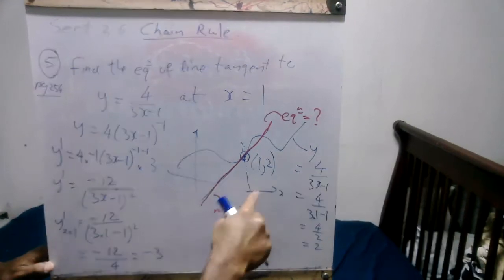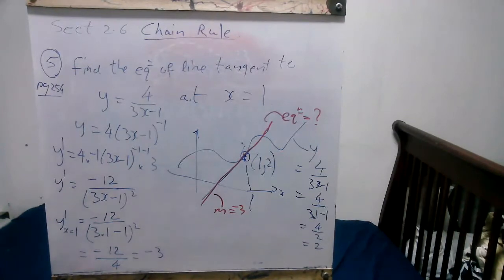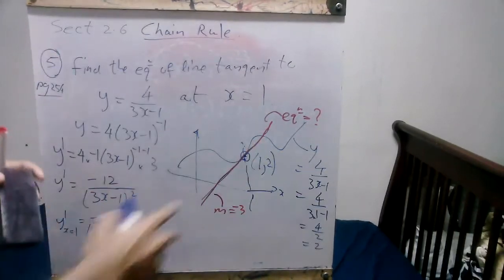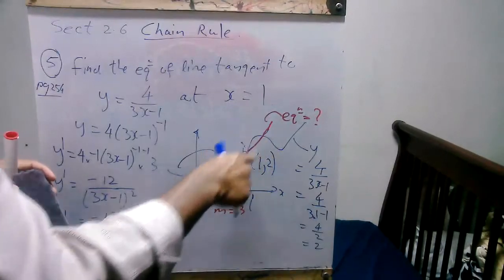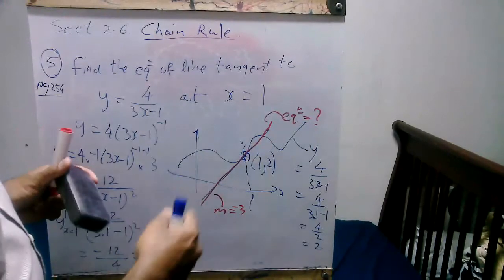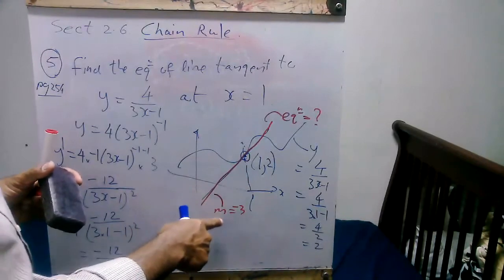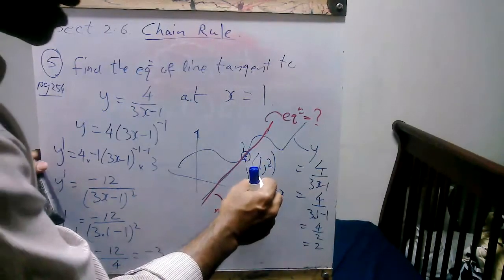This one is the x coordinate, right? Now we don't want any of this blue stuff. Focus on this red line. We want the equation of this red line. We found the slope is m equals -3 and we need this coordinate.